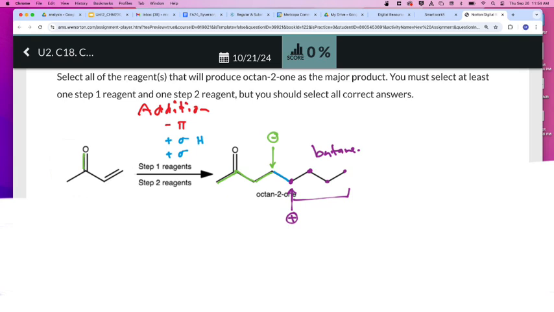I accept resonance, but let's be more precise. We actually need to pull the electrons. The oxygen should pull the electrons away from the carbon because oxygen is more electronegative. So if we're looking at a potential resonance, we could draw this system.